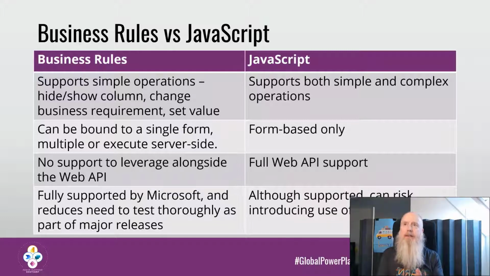One of my favourite features about business rules is the throw error message. And this is just one to compare between business rules and JavaScript. Because in JavaScript, I can do validation and effectively stop the save. So both business rules and JavaScript have the ability to validate and stop the record from being saved. The trouble is, how does that appear to the user?